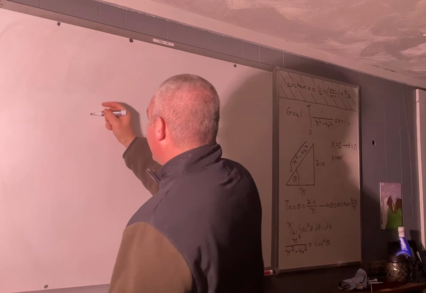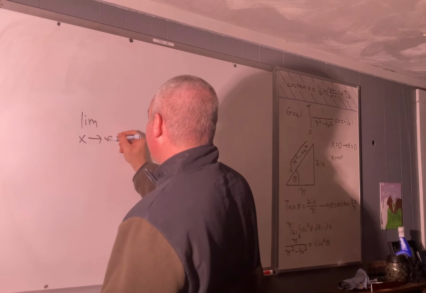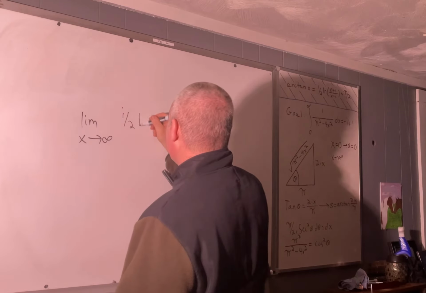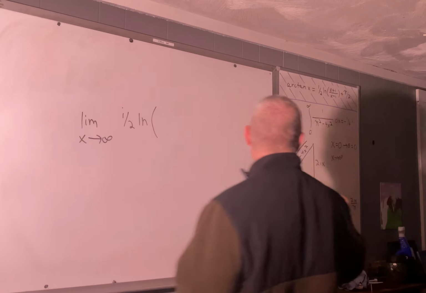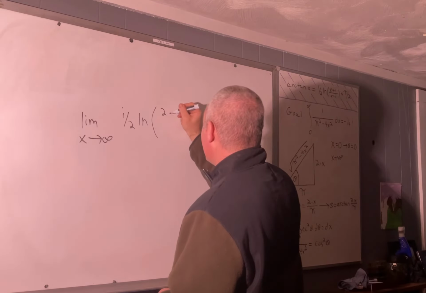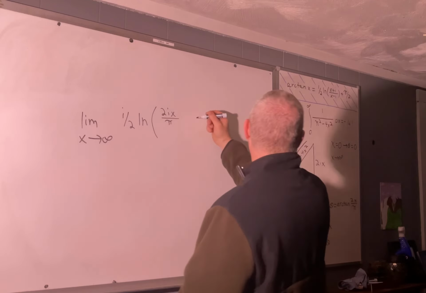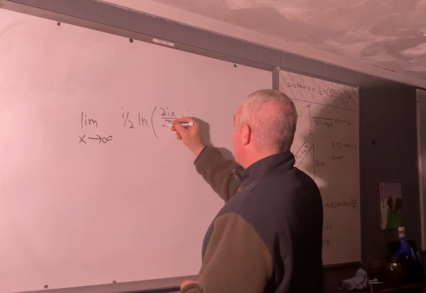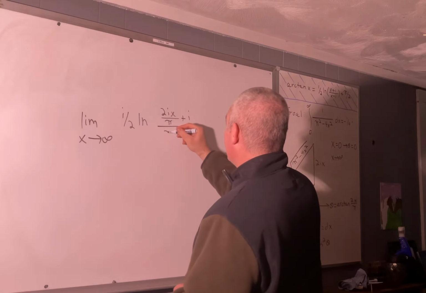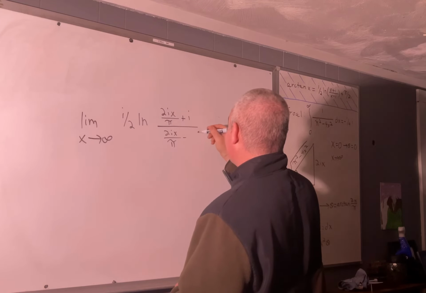So we're going to take the limit as x goes to infinity of i over 2 times the natural log of, now our x in this case is 2ix over pi, so we have 2ix over pi plus i, over 2ix over pi minus i.